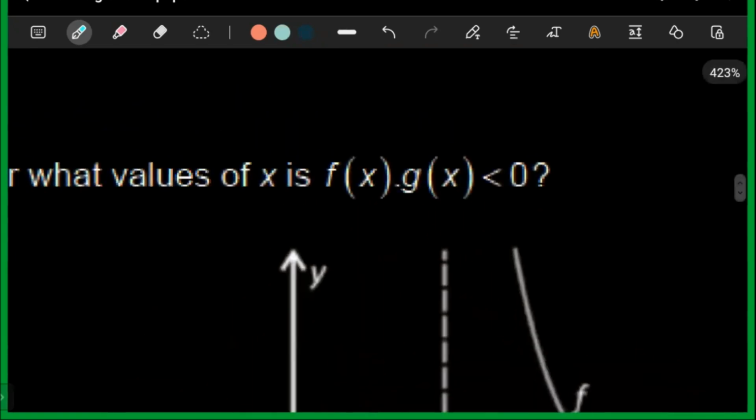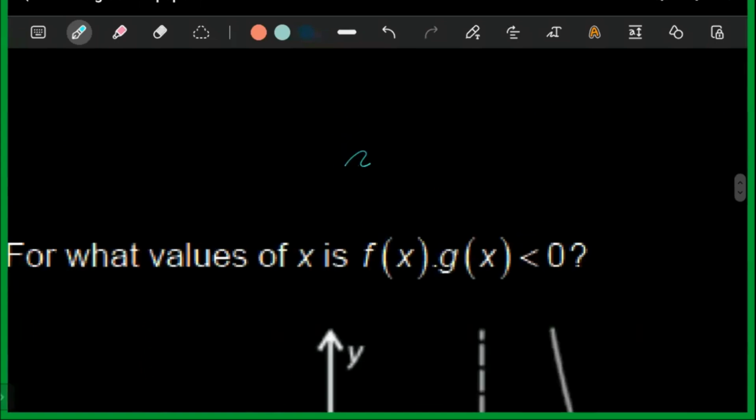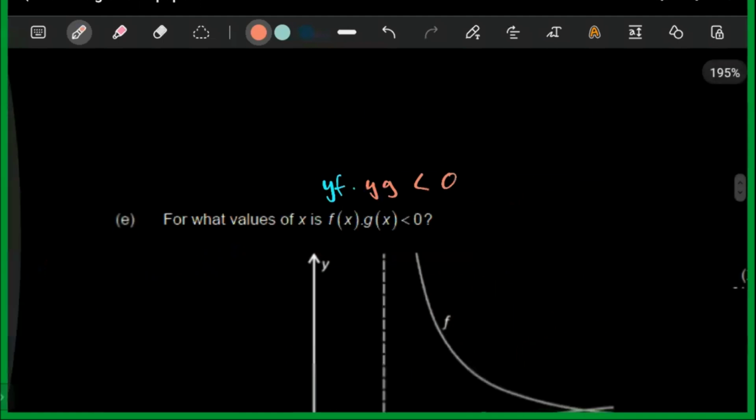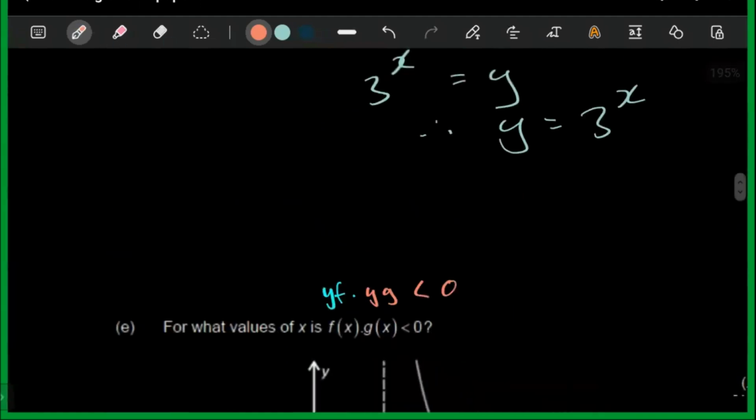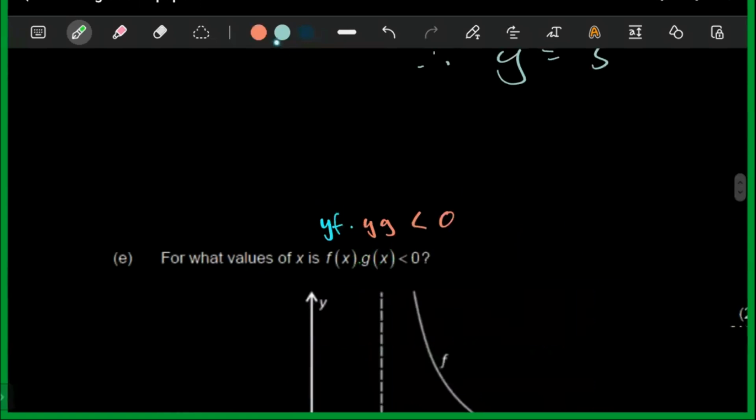This is just asking, if you take the y values of f and multiply them with the y values of g, where will you have numbers that are smaller than 0? The way you answer these questions, you have to be methodical. You cannot just do it randomly. We're taking one number multiplied by another number.